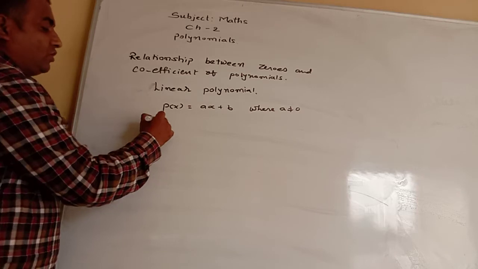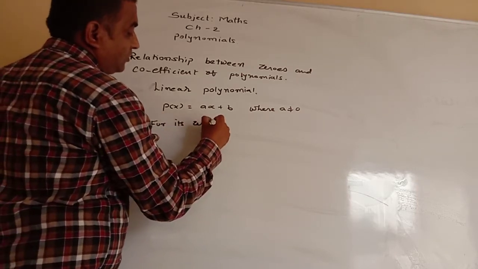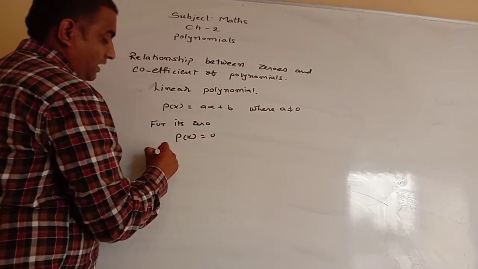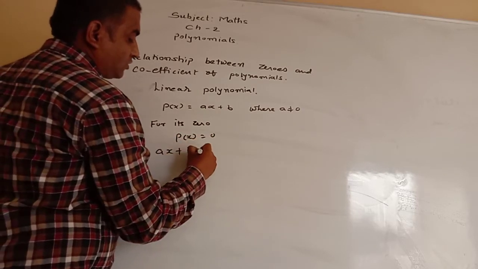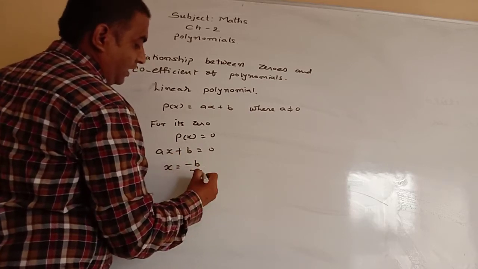Now for its zero, we take p(x) equals 0, then ax plus b equals 0. So x equals minus b upon a.